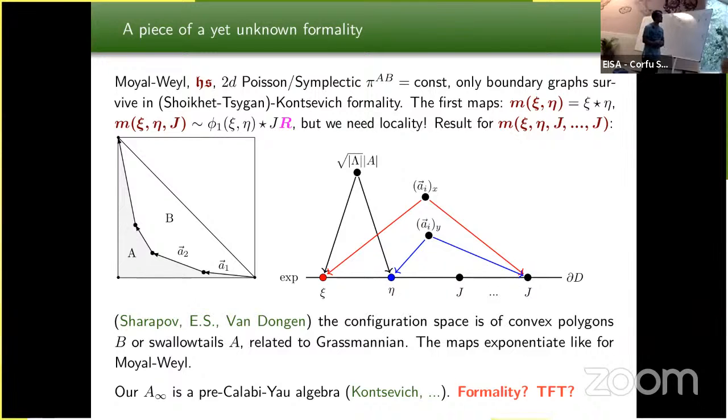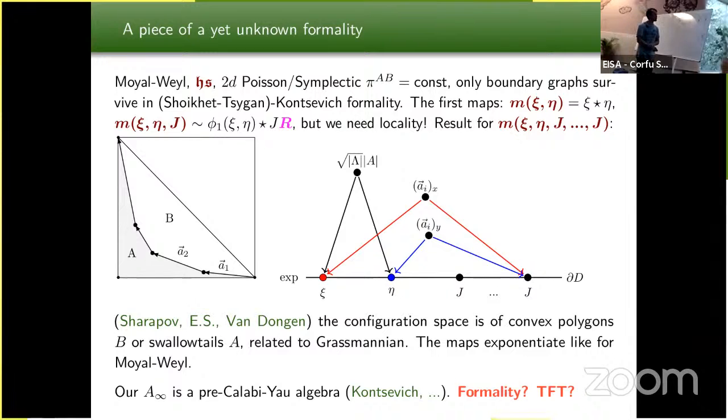This moduli corresponds, as a configuration space, to the space of convex polygons, or we actually like the complementary picture, which we call swallowtails, these guys. Then weak contractions between two higher spin algebra elements have as a coefficient the area of the swallowtail, and contractions between a higher spin algebra element and a higher spin current have coordinates x and y of these vectors.